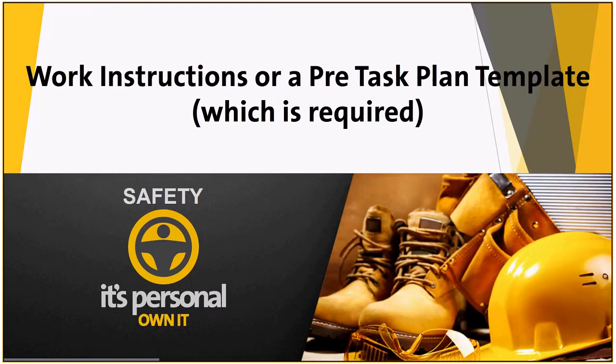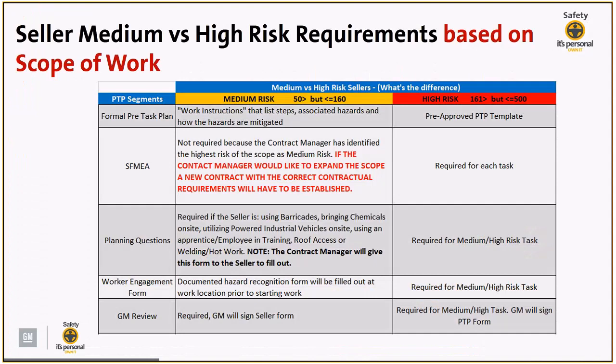So let's take a look at work instructions or a pre-task plan template, which is required. If you have taken the 55030 class or the SCM updates course, you have noticed that there is now a difference in the contractual requirements if the scope of work is medium risk or if it is high risk. For instance, if the scope of work is medium risk, we no longer require a formal pre-task plan template, right?